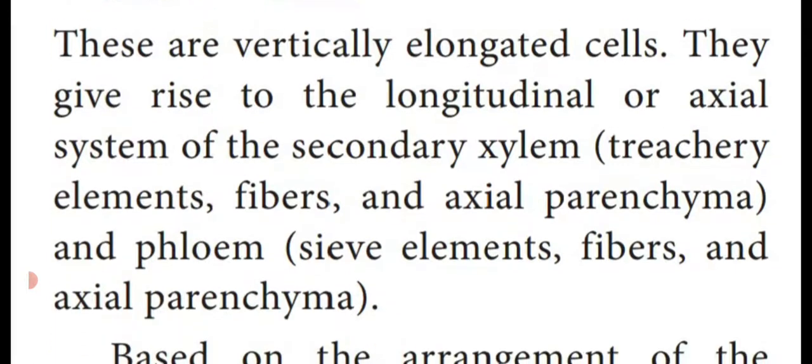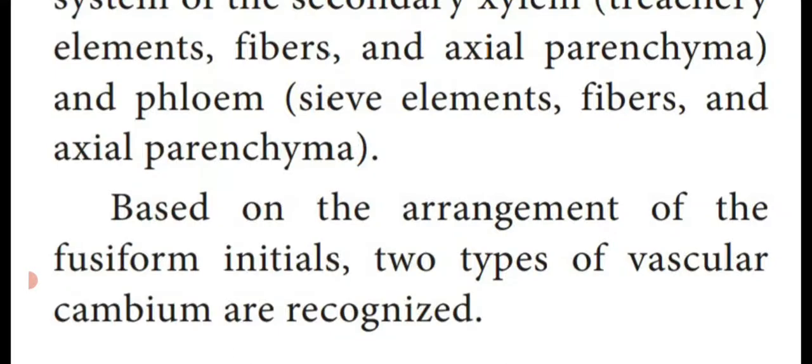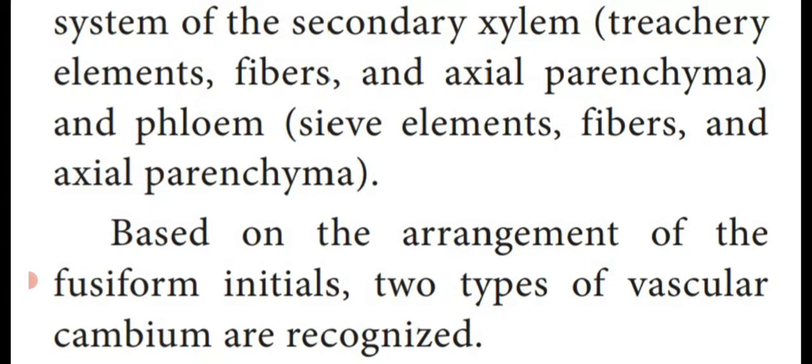So that is the fusiform initial. Based on the arrangement of fusiform initials, the vascular cambium is divided into two types: storied cambium and non-storied cambium. How is it classified? Based on the arrangement of fusiform initials.